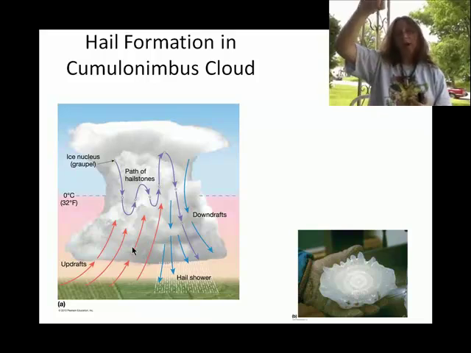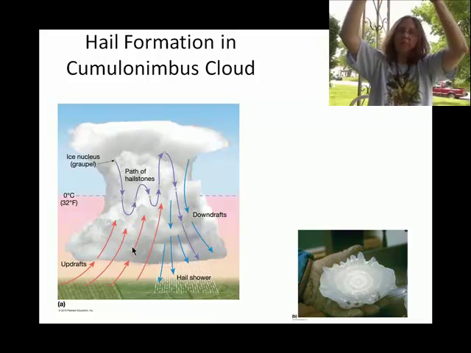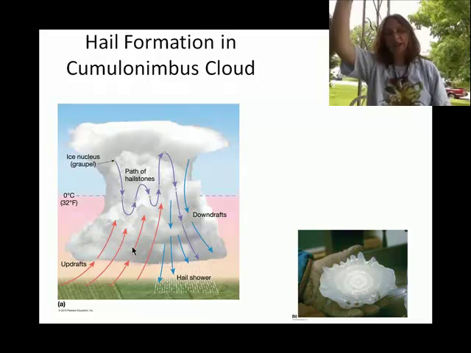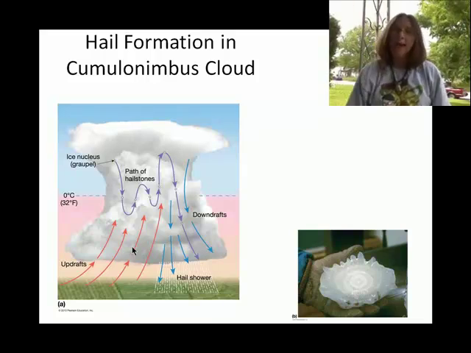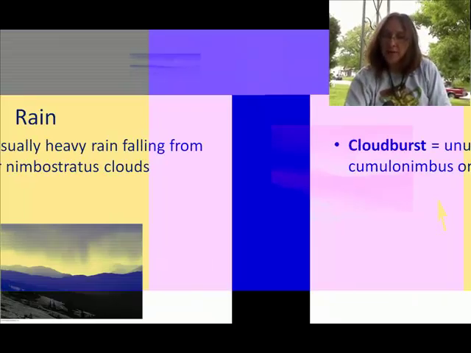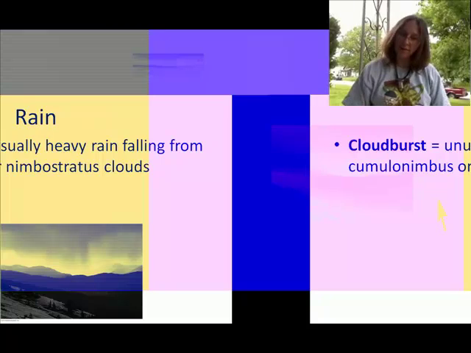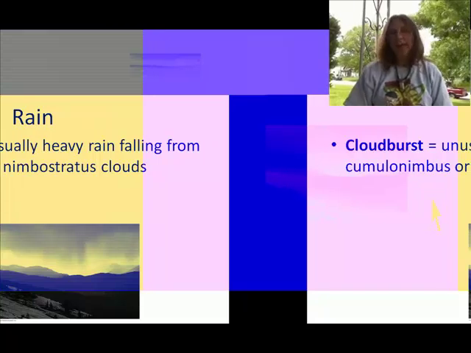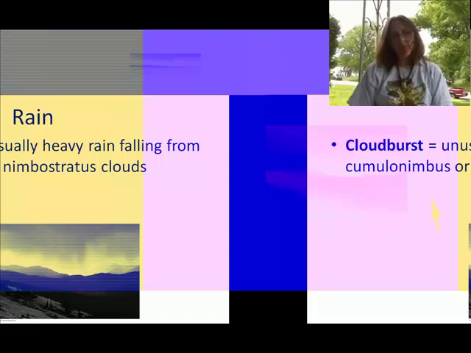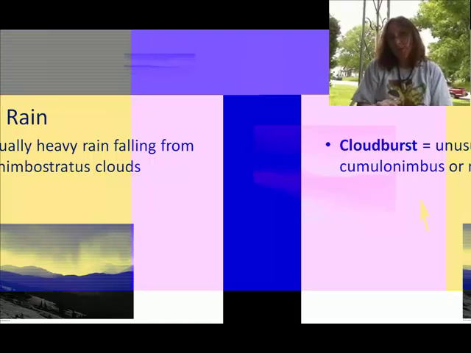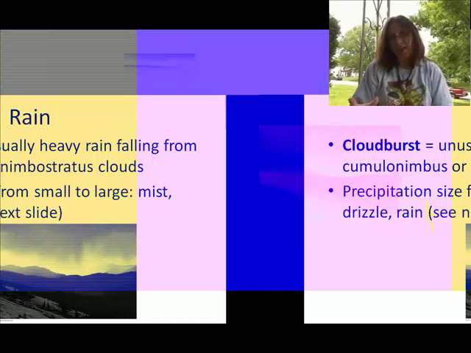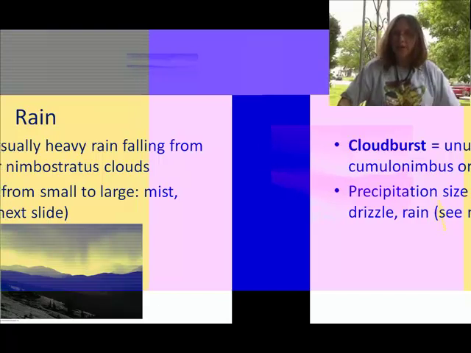As it goes up, remember, graupel is a solid piece of ice, and it solidifies and picks up more, growing larger in its solid parts. It goes up and down, and each time it gets larger. If you see the guy holding the hailstone, it ends up being an onion shape, where the center of the onion is the oldest part of the hailstone and the last added is the outer part.